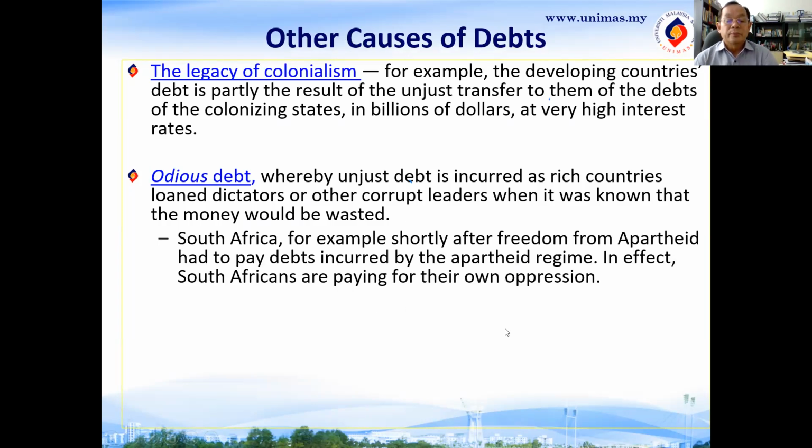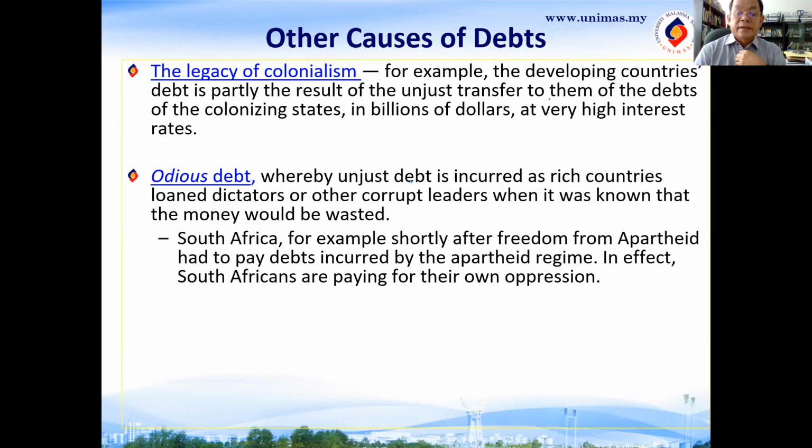For example, in South Africa, shortly after freedom from apartheid, the government had to pay debts incurred by the apartheid regime. So the loans were made during the apartheid regime, and then the present government had to pay.